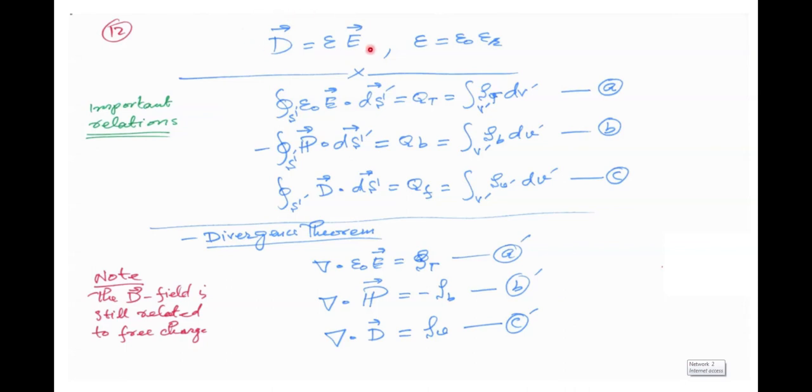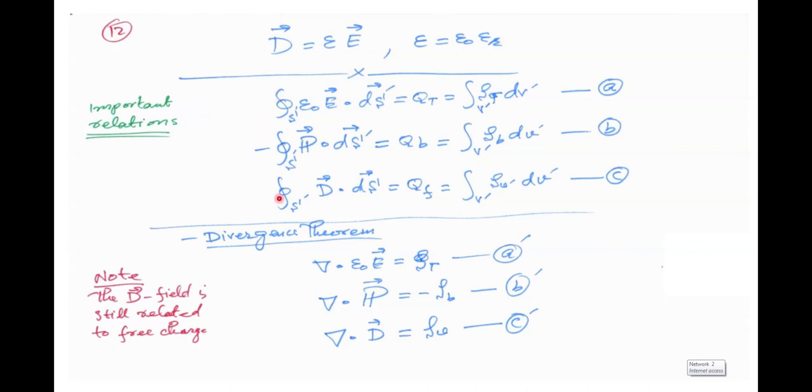also modified the D field for dielectric material, which is equal to epsilon times E. Epsilon in this case is equal to epsilon naught times epsilon r, where epsilon r represents the relative permittivity.